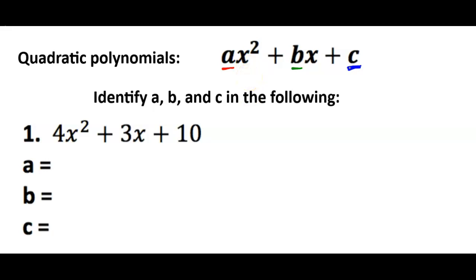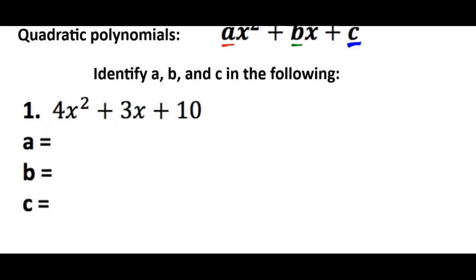It has nothing to do with being first if it's in a wrong order. It has to do with what's attached to the x squared. My B value is what's being attached to the x, or the single variable, and my C comes from my constant, my number that doesn't have a variable with it. It's super, super, super important that you understand that. And you should probably write that down.